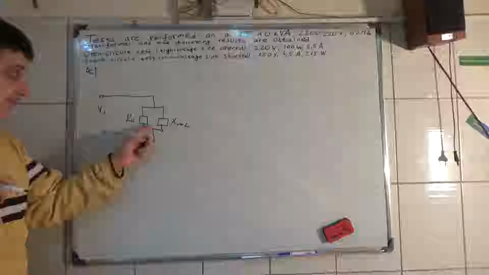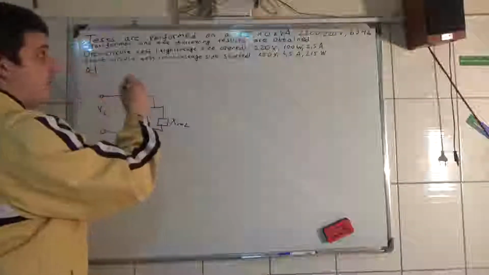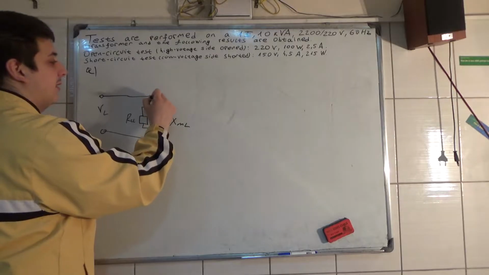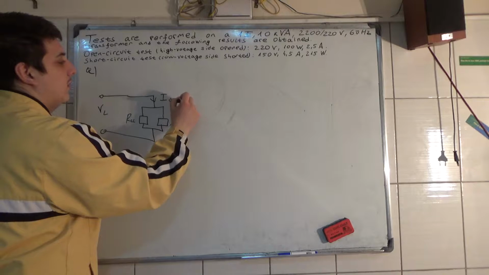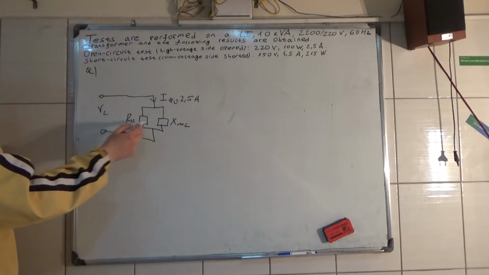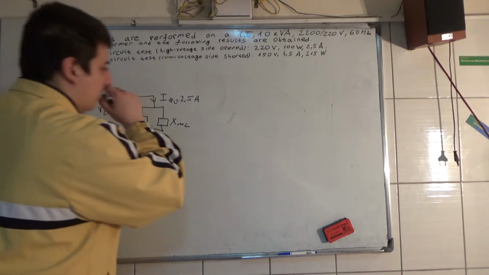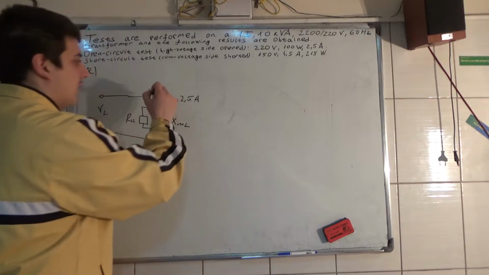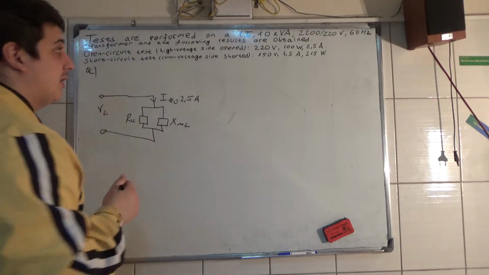And we have the exciting current of 2.5 amperes. In the subscript I put L, so this is the low voltage side. And the branch over here is now disconnected.